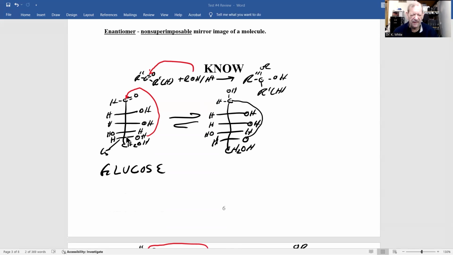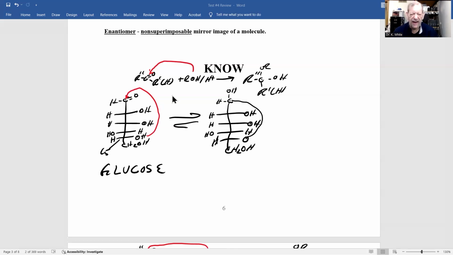Here, here, here, and here are carbons. And those OH and hydrogen are coming out towards you, and the other carbons are going back. It actually shows three dimensions. This was created by the great German organic chemist, Dr. Emil Fischer. And he did a lot of work in this, and he also did Fischer esterification, how to make esters in the lab and in plants.